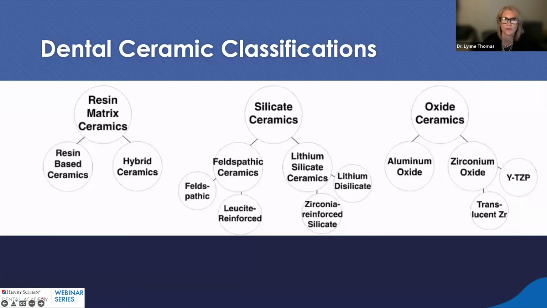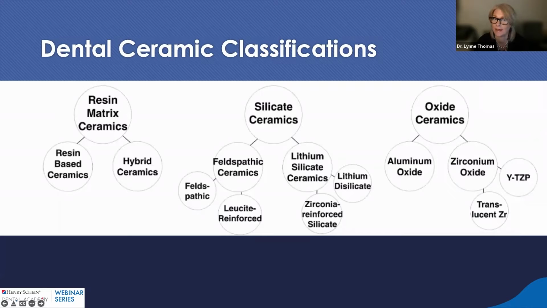So here's where we are today. We have so many different materials available. When I began as a CEREC user, and that was with our red cam many, many moons ago, we had basically the feldspathic ceramics. We had Vita Mark II, and that was great.